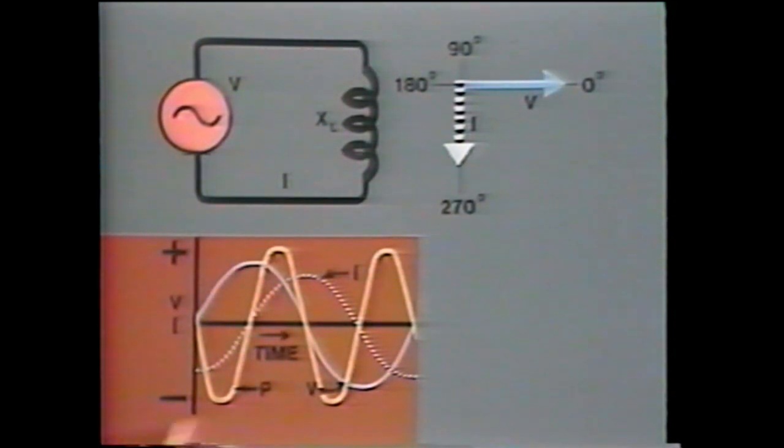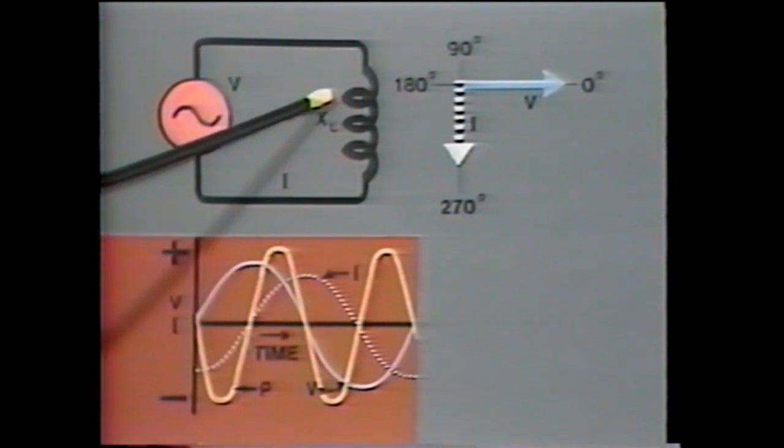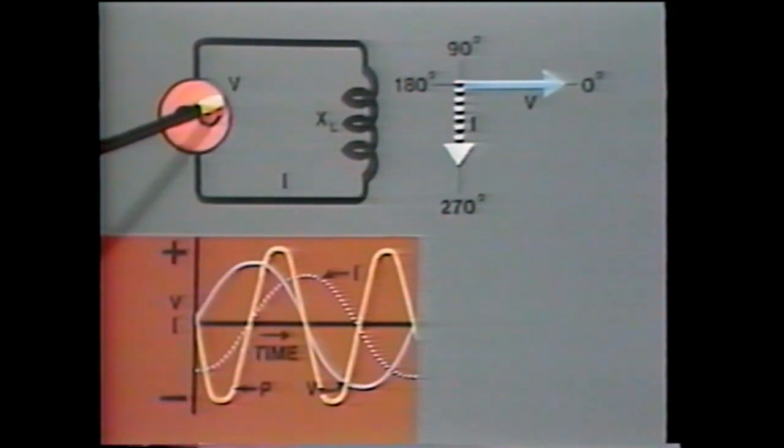Pure inductors actually consume no energy, but alternately store it in a magnetic field and then return it to the circuit. Therefore, the product of voltage and current cannot be called active power, as it does no active work.